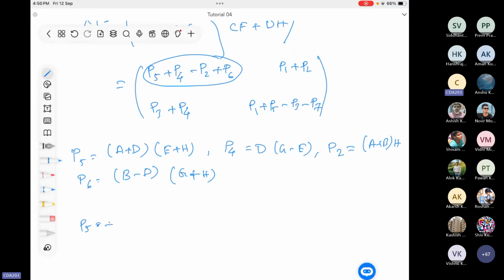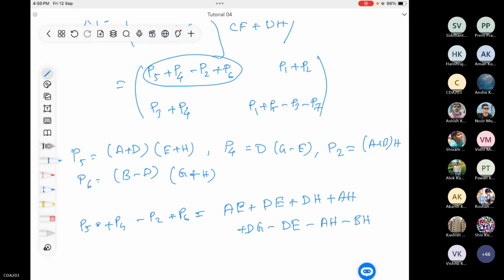So if you compute this P4 minus P2 plus P6 plus P5, then it's AE plus DE plus DH plus AH plus DG, minus and so on.